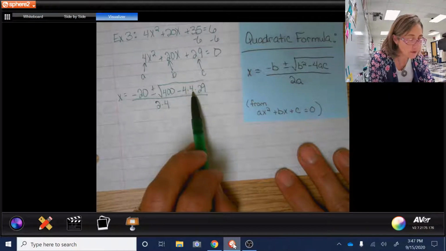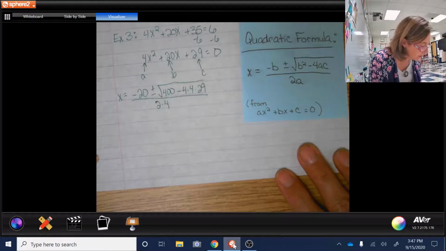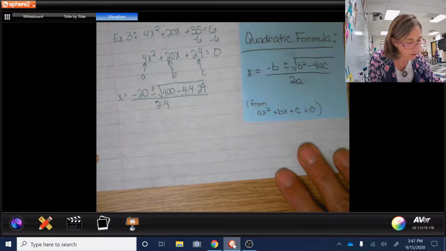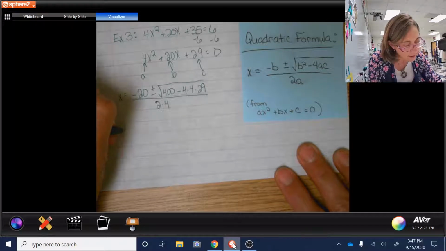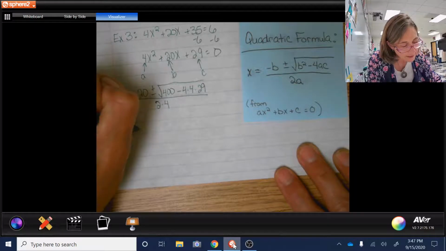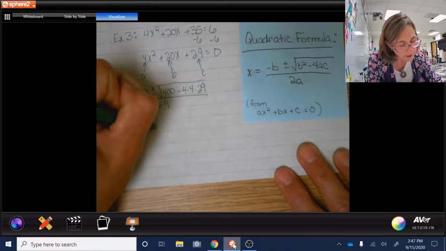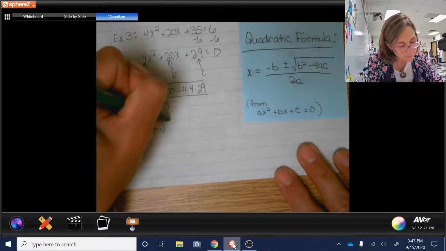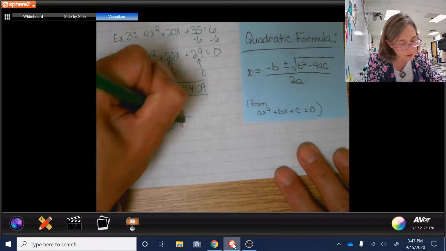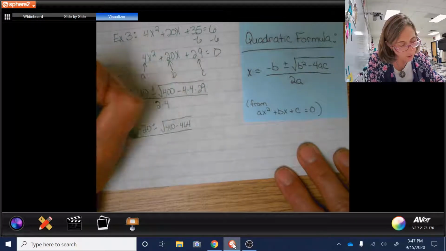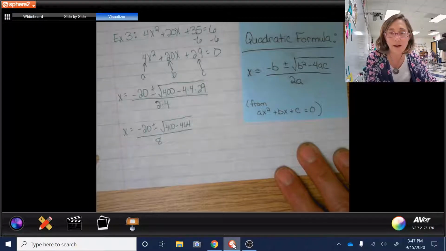So 4 times 4 times 29. Let's see what that comes out to. That is 464. Okay, so we have x equals negative 20 plus or minus 400 minus 464 all over, that would be 8 in my denominator.